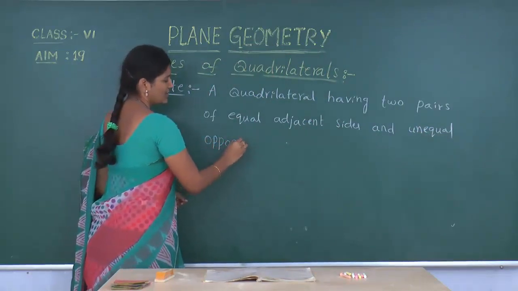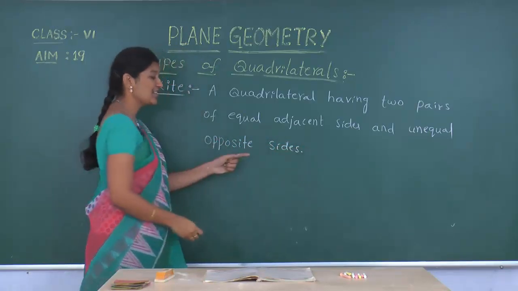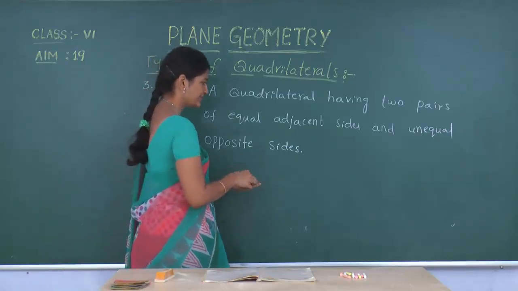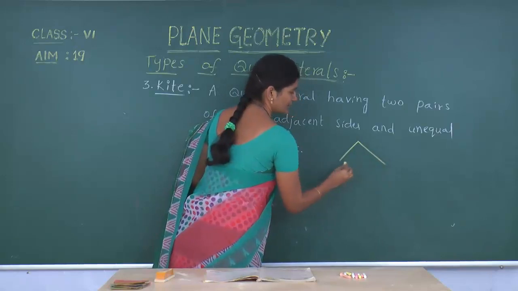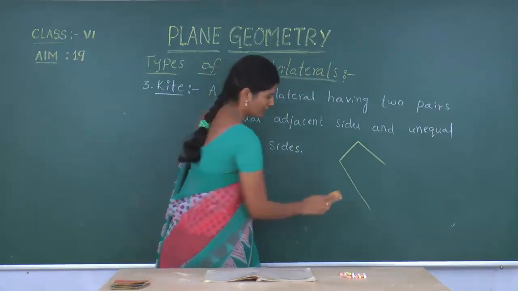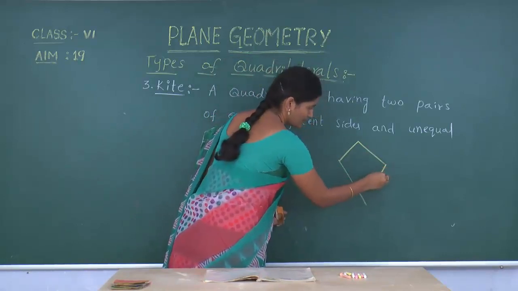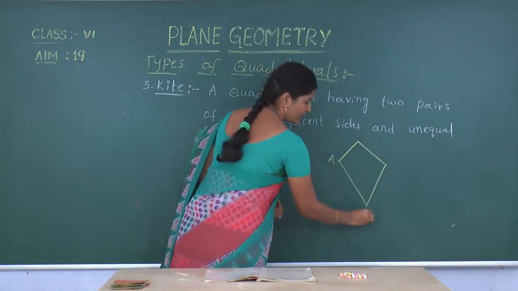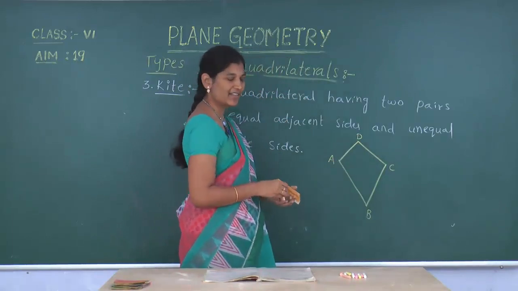Then it is called a kite. Let me draw. A, B, C, D. It is a kite.